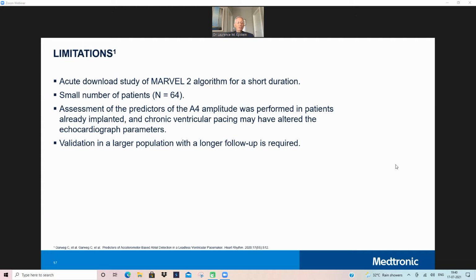Assessment of the predictors of the A4 amplitude was performed in patients already implanted, so these were chronic devices, and it's unclear if chronic ventricular pacing may have changed things or other unforeseen things. Validation in a larger population with longer-term follow-up is required, and I think Todd referred to some of the ongoing studies, some of which we're a part of, to look at how this performs over time.